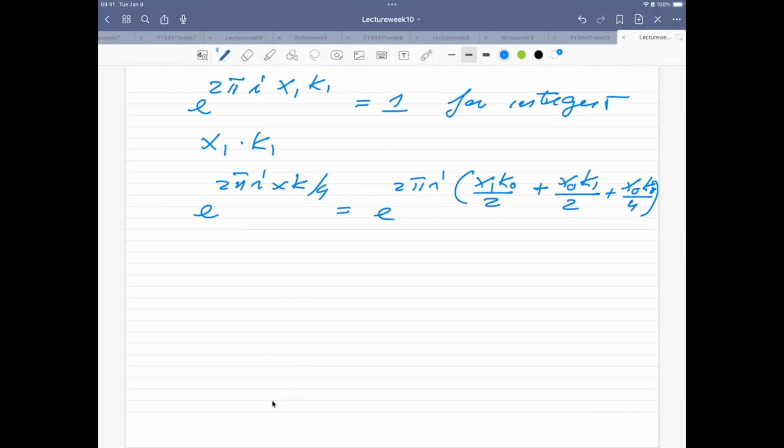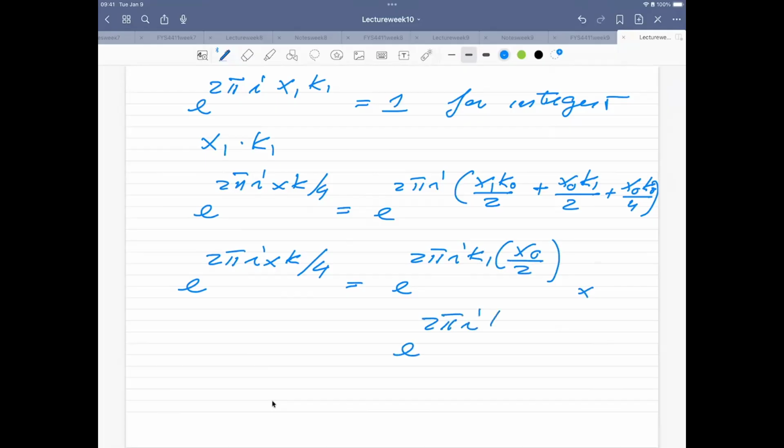And if we then look at this in more detail, if we take a look at this e to the 2 pi i of xk divided by 4, this is then equal to e of 2 pi i of k1. So we isolate k1. We have x0 divided by 2 and multiplied with e of 2 pi i of k0 of x1 divided by 2 plus x0 divided by 4.